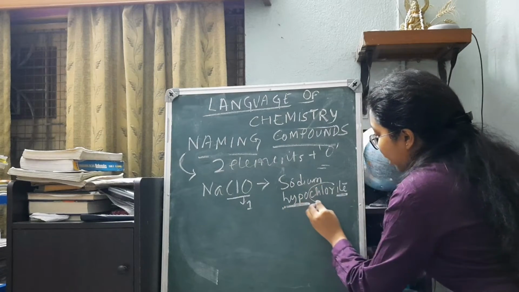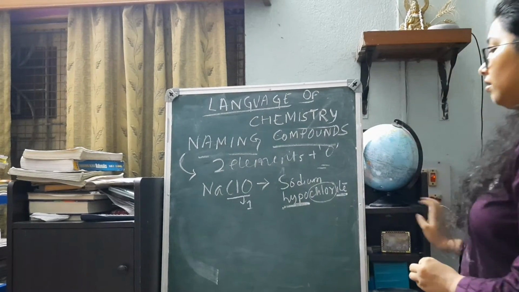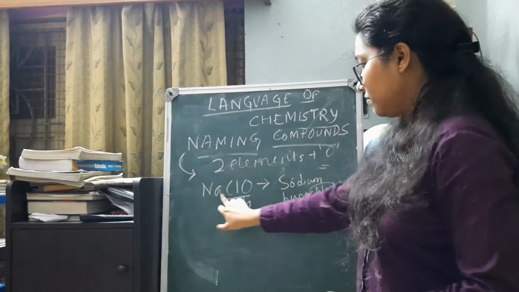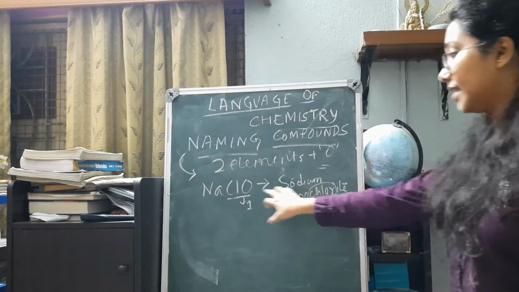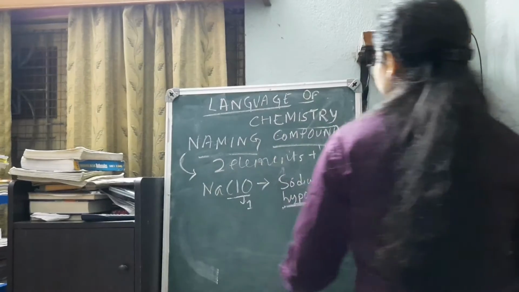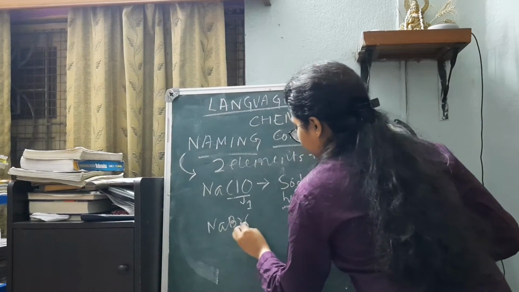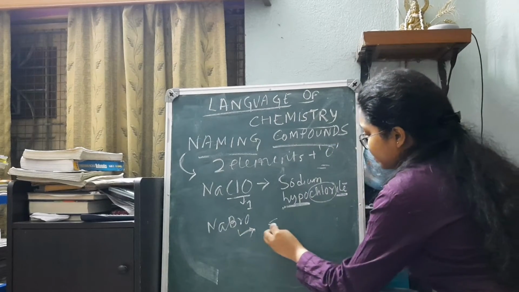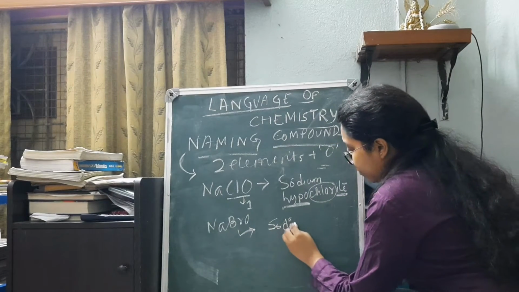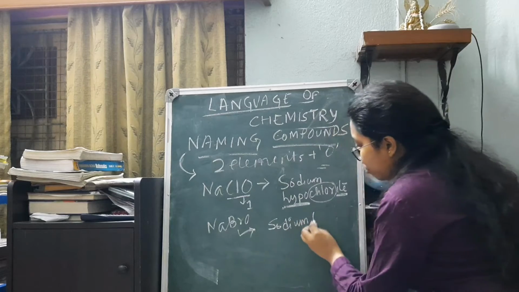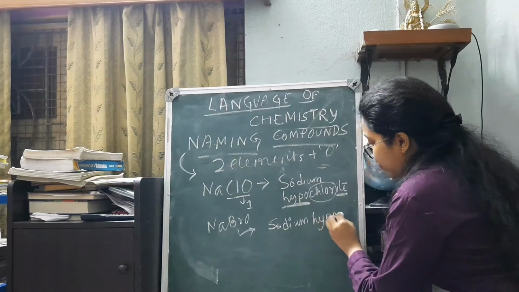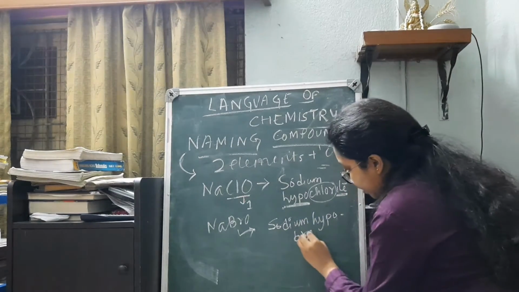If I say NaBrO, how do I name it? Sodium hypobromite.